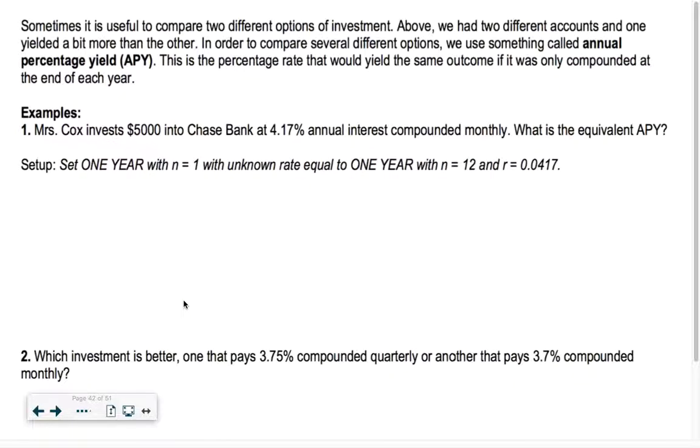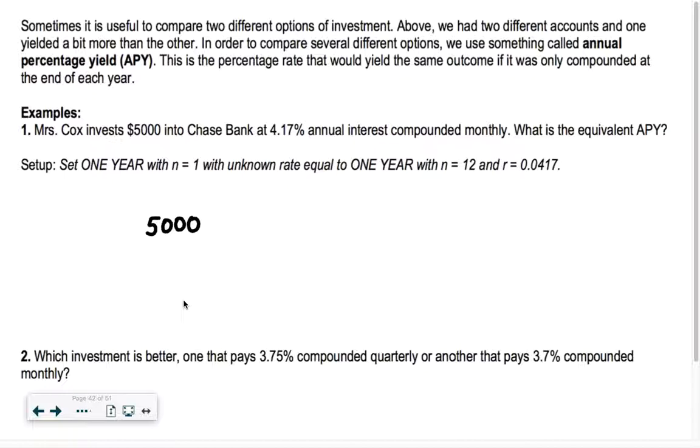There's an easier way. So it says Mrs. Cox invests $5,000 into Chase Bank at 4.17% annual interest compounded monthly. What is the equivalent APY? So basically, if you just set it up so it's 1 year with an unknown rate equal to 1 year. So I'm going to set up my $5,000.